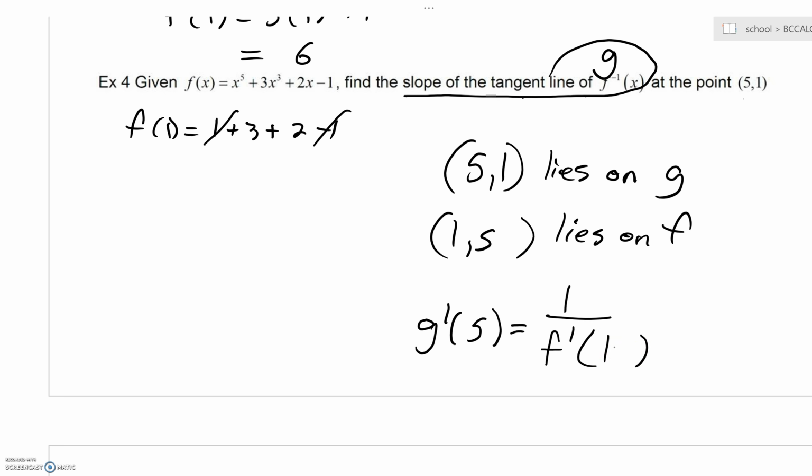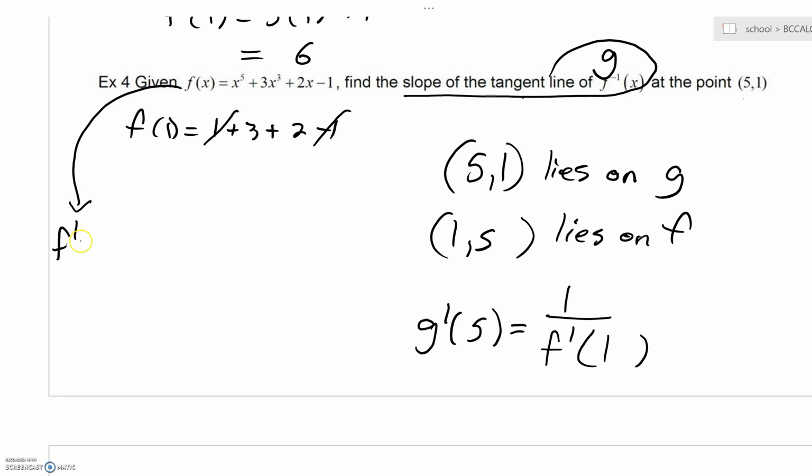Is everybody okay with that? You're evaluating your derivatives at different points, at different x values, and that's so important.